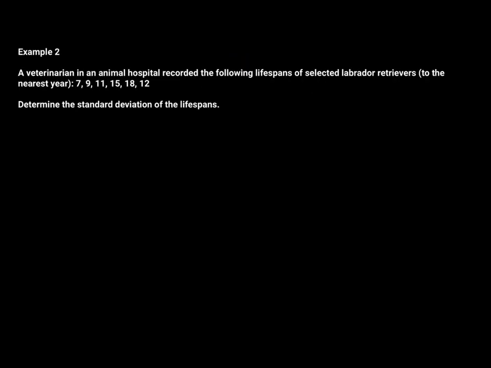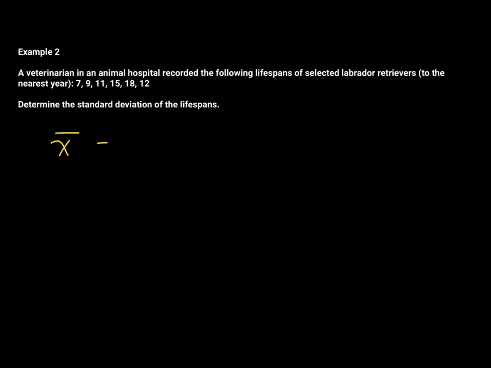A veterinarian in an animal hospital recorded the following lifespans of selected Labrador retrievers. This is to the nearest year. So 7, 9, 11, 15, 18, and 12. Determine the standard deviation of the lifespans. The first thing we need to do is determine the mean. Remember, this is our notation for the mean.